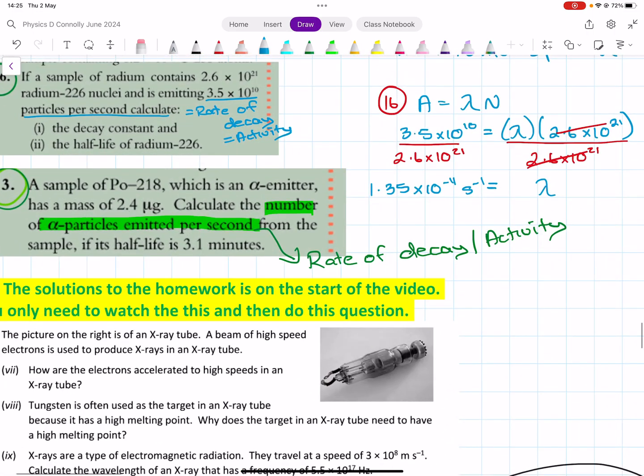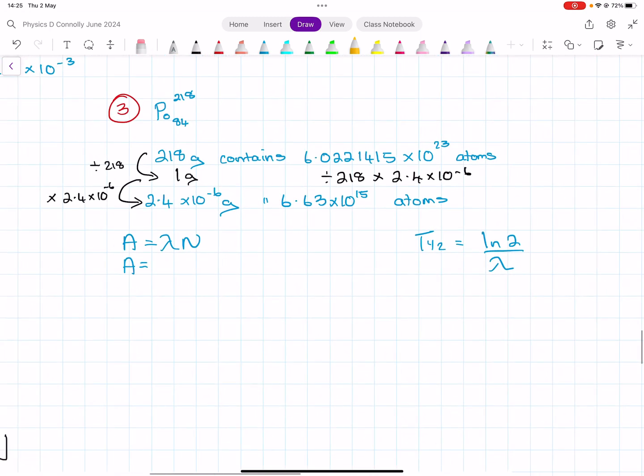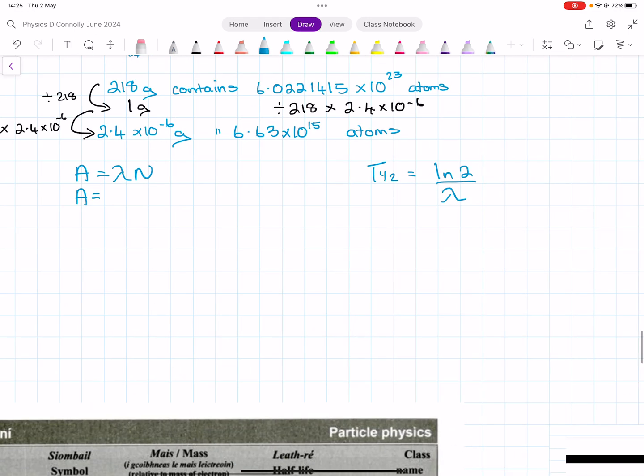The half-life is 3.1 minutes. If I multiply that by 60, I get 186 seconds. So 186 equals ln2 over lambda.